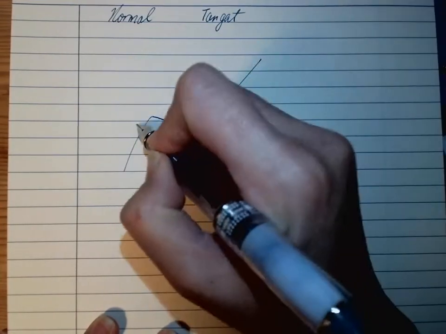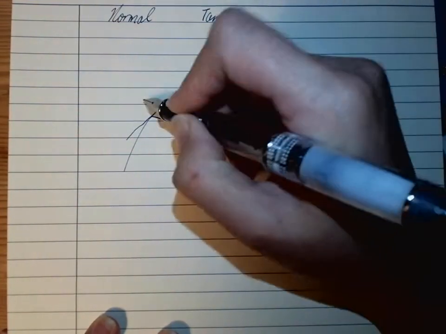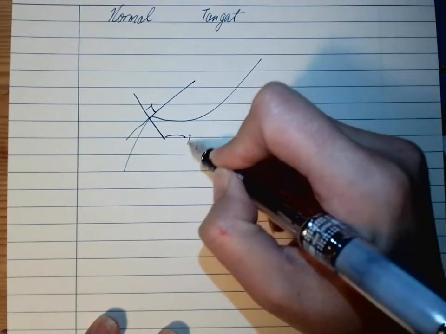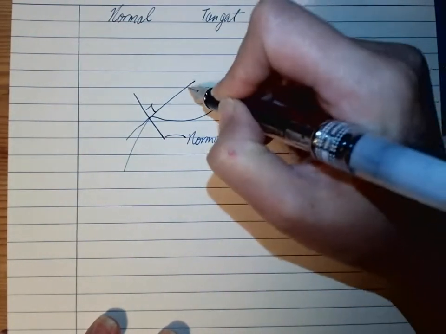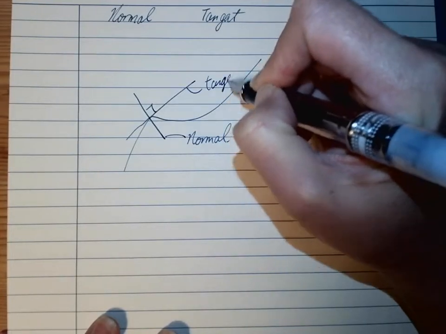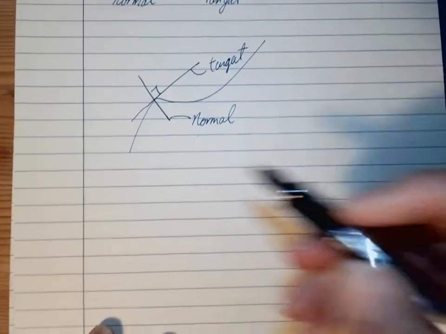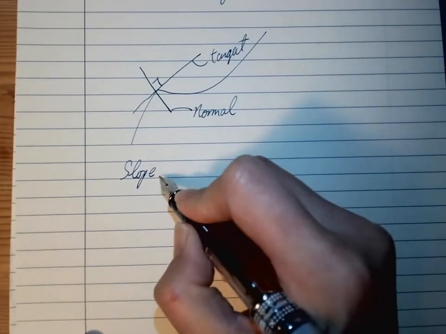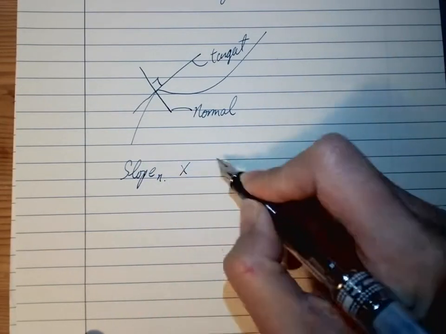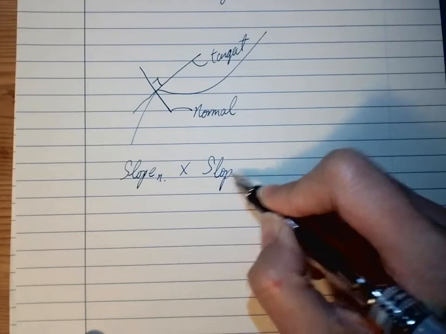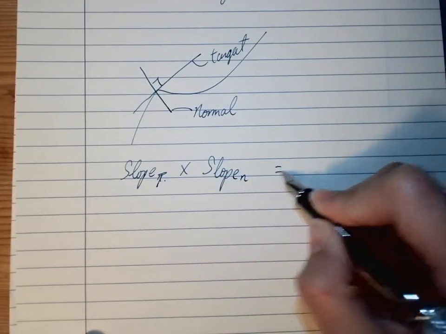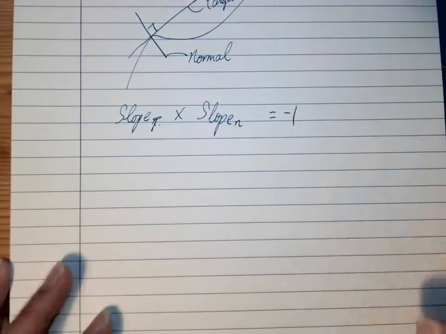If I have a curve here, and this is the tangent, the normal will be the perpendicular line, which means that slope of tangent times slope of normal will be equal to negative 1.